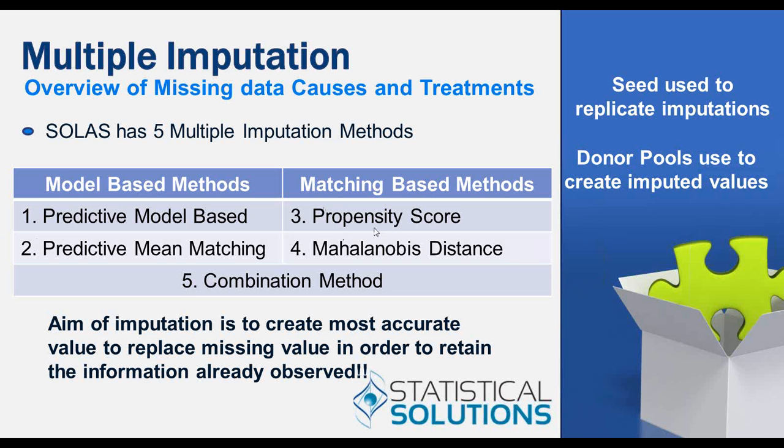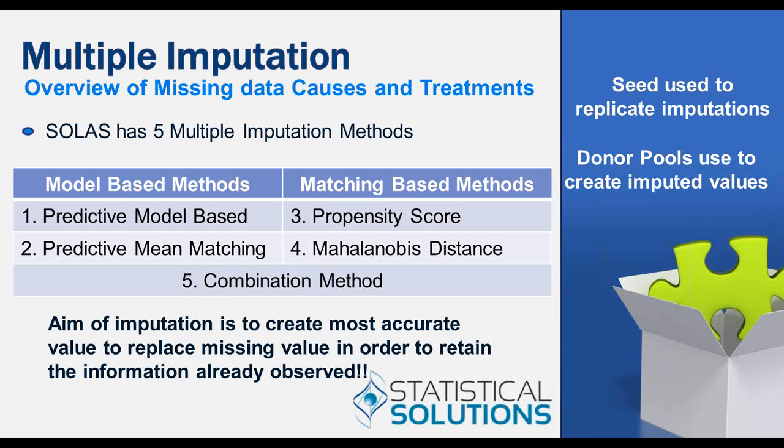We also then have two matching-based methods. There's propensity score matching and Mahalanobis distance matching, where for the propensity score matching method we calculate the propensity for an individual to have a missing data point, and we use individuals or cases or patients with similar propensities, and we impute similar individual values based on similar propensities.